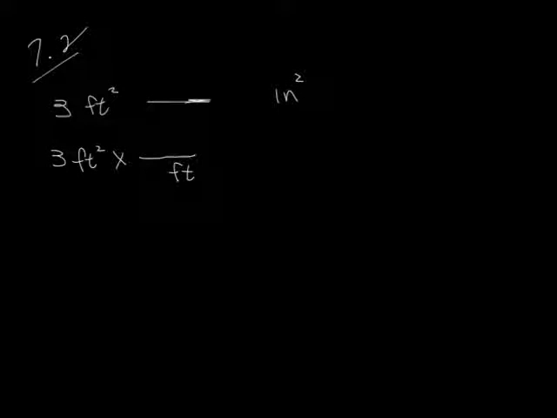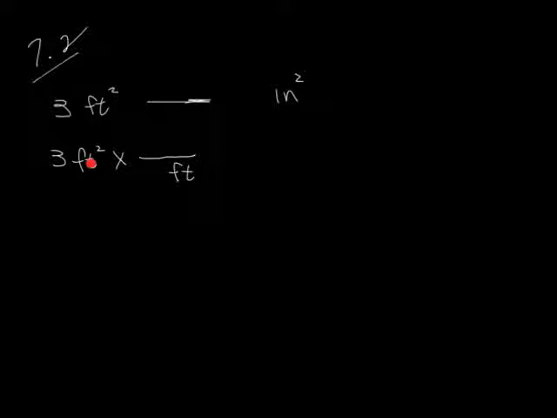And one of the things I want you to be aware of is we have 2 feet here, or 2 units. We have a square foot, which means this foot appears 2 times. Well, down here it only appears 1 time. So we can cancel one of these feet with one of these feet, and we're still left with 1. Well, it needs to go away completely.